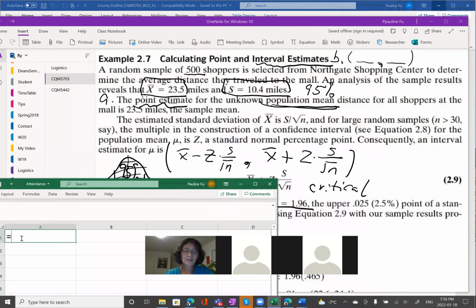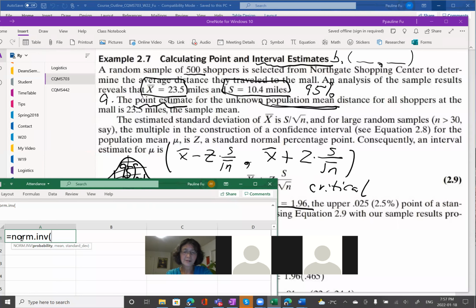In Excel, you type in NORM, which means normal distribution, and dot INV, which means critical value. After that, you are given a probability. So I'm going to type in the probability, then I will explain.